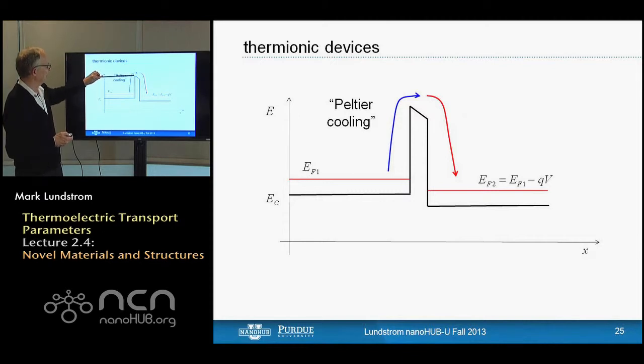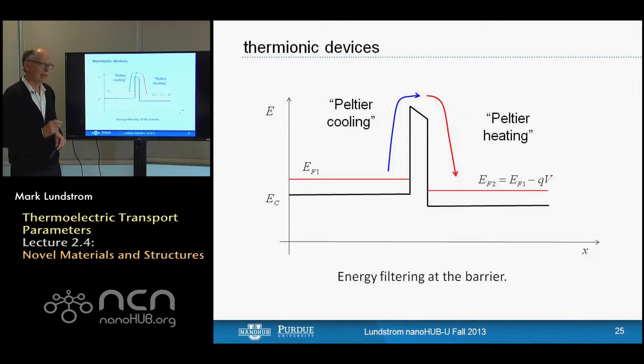Only electrons with an energy above the bottom of the barrier height can go over. Only the high energy electrons that can carry their heat can transmit. This barrier filters out the low energy carriers. And then we have Peltier heating when that excess energy is dumped on the other side. So energy filtering occurs at the barrier in the thermionic device.